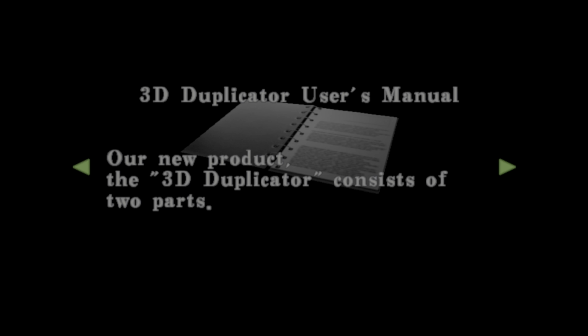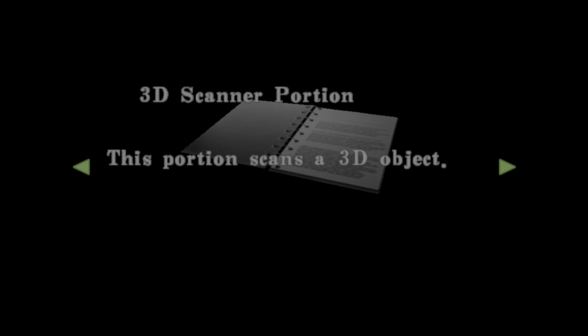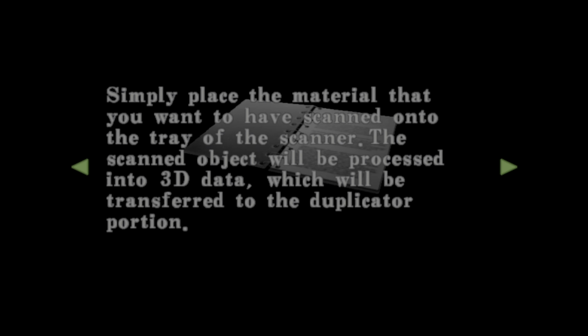User's manual. 3D duplicator user's manual. Our new product, the 3D duplicator, consists of two parts. 3D scanner portion. This portion scans a 3D object. Simply place the material that you want to have scanned onto the tray of the scanner. The scanned object will be processed into 3D data, which will be transferred to the duplicator portion.